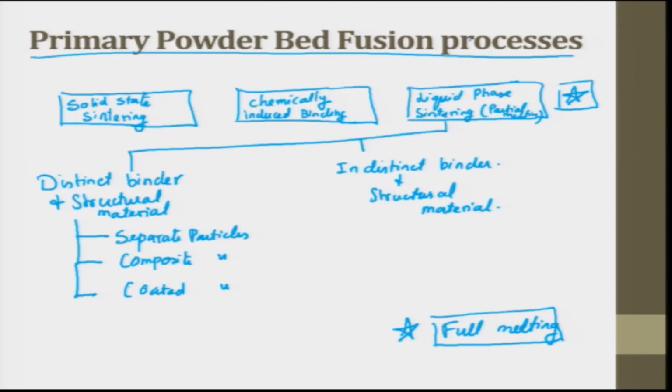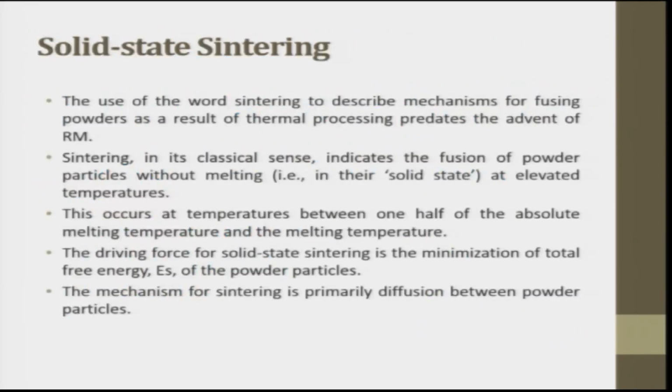Solid state, then we have liquid state, in between we have chemical induced binders. Solid state sintering. The use of the word sintering to describe the mechanism for fusing powder as a result of thermal processing predates the advent of RM. Sintering in its classical sense indicates the fusion of powder particles without melting.